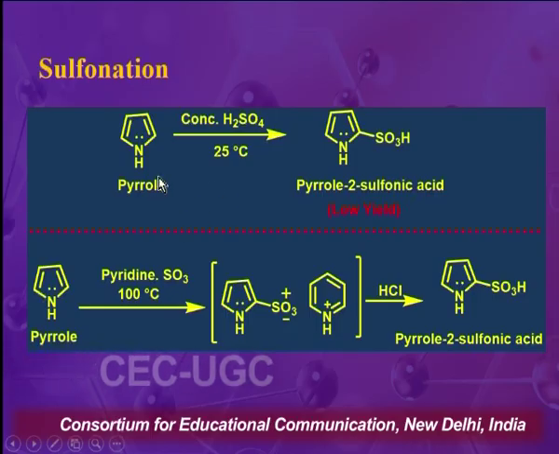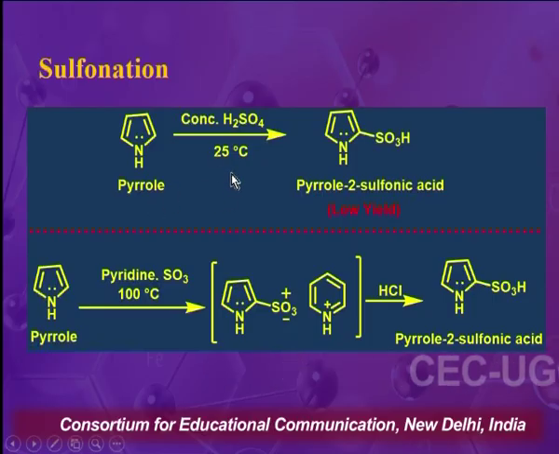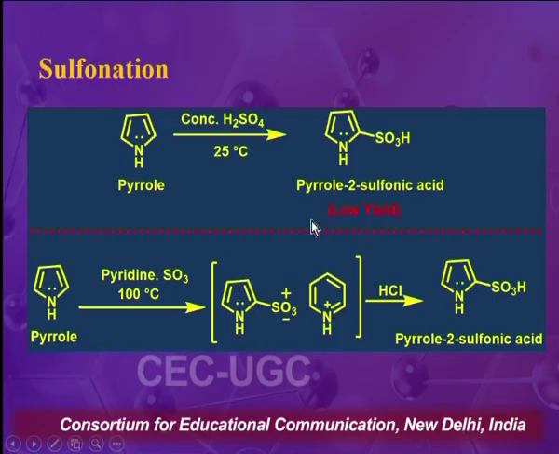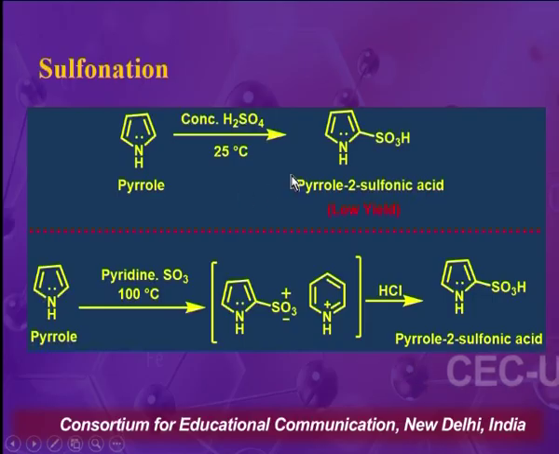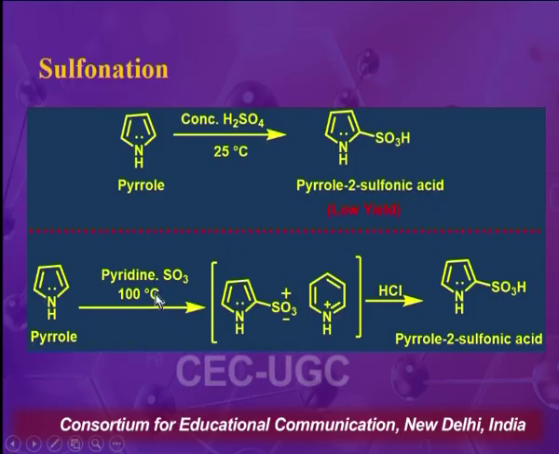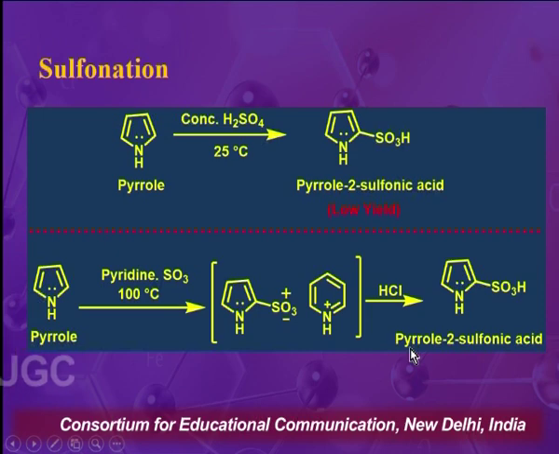When we react pyrrole with concentrated H2SO4 at room temperature, we will get pyrrole 2-sulfonic acid in very low yield, and the rest of the reactant will get polymerized. So, that is why we have to use the pyridine sulfur trioxide complex system. It produces the desired product, pyrrole 2-sulfonic acid, in good yield.